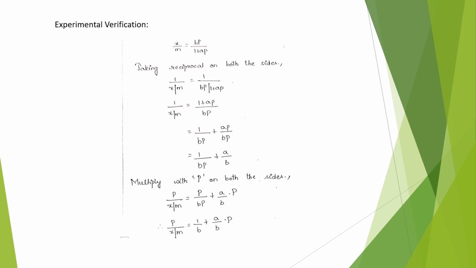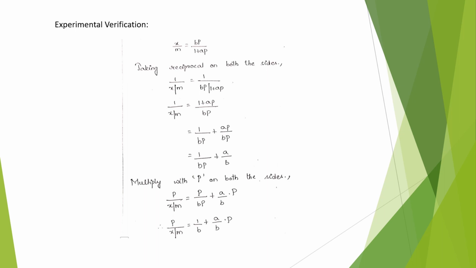So next step is 1 by (x by m) is equal to (1 plus AP) by BP, which is equal to, again it is in the form of A plus B by C, which is equal to A by C plus B by C. It is equal to 1 by BP plus AP by BP.